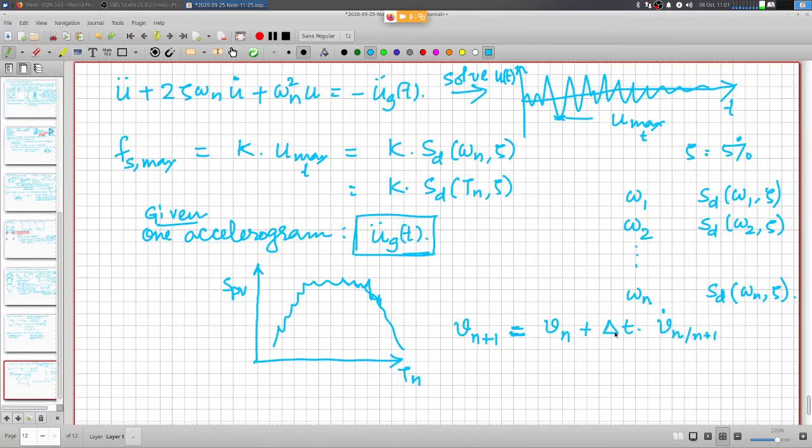So this only computes, as I had been telling you, if this is Tn and this is Tn plus 1, this is what you have as a delta t.